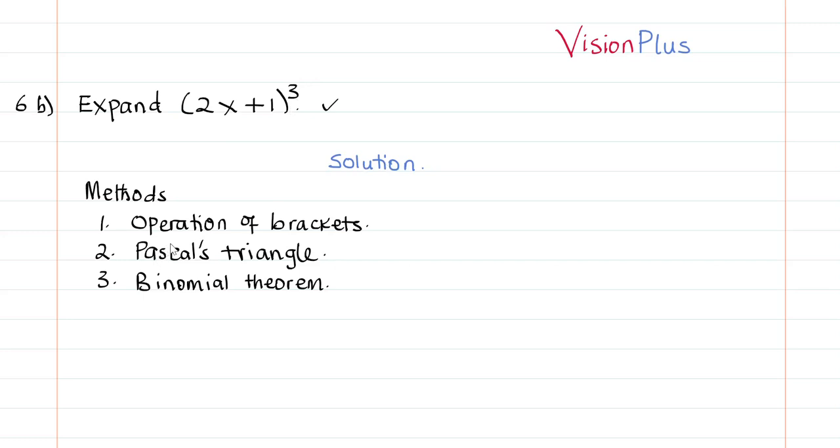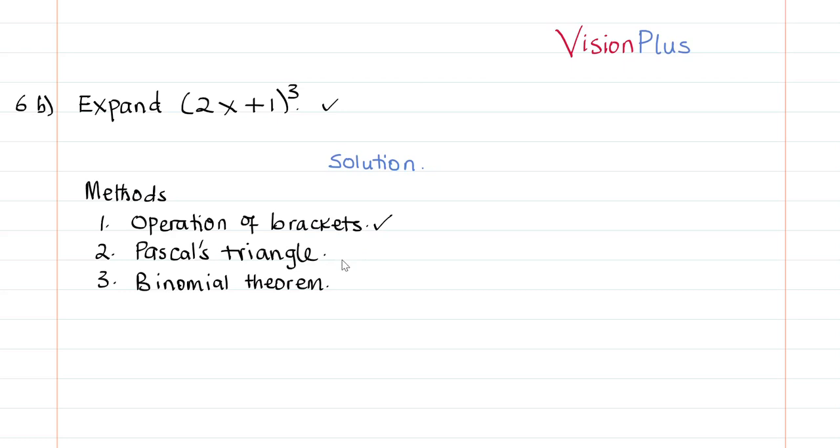This number has very many ways of doing it. There are many methods and approaches that can be used to solve it. And I'm going to use 3 methods to solve the same number. Method 1 is operation of brackets, which is a manual method of expanding and removing the brackets.